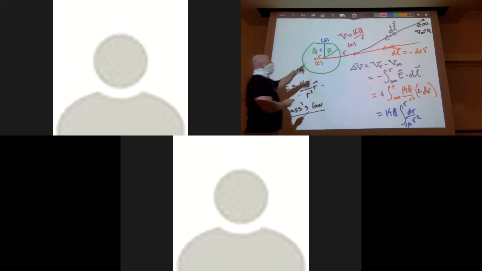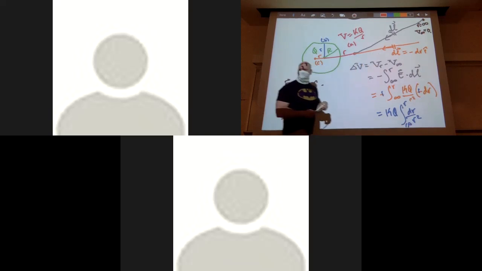Even though I'm writing this as simply potential, this is really the potential difference between this point, some spatial distance r outside of the conducting sphere, versus that at infinity. This means at this point it has kq over r worth of potential relative to where it's 0 at infinity.